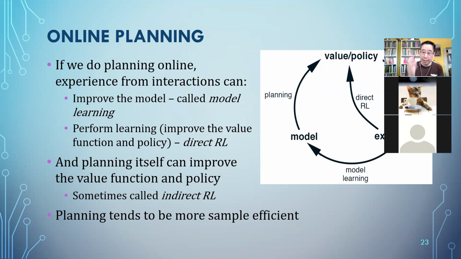But in this case, if you're actually the agent and you're in the environment, so you imagine you're playing a game or you're a robot, interacting with the environment, then as soon as you take an action and you get some experience, so that interaction gives you the reward and the next state, there's two things you can do with it. That information can help you improve your estimated model of what the environment looks like. And then it can also do all the learning that we've talked about before, whether it's TD or whatever algorithm. We can do both of those things.